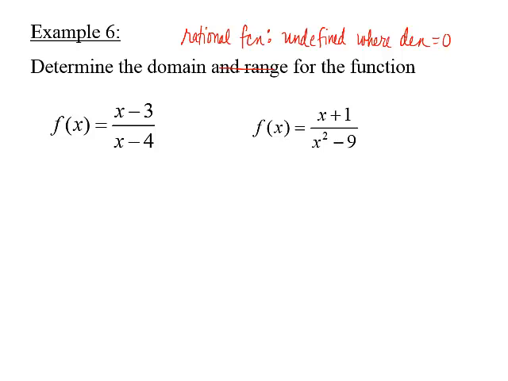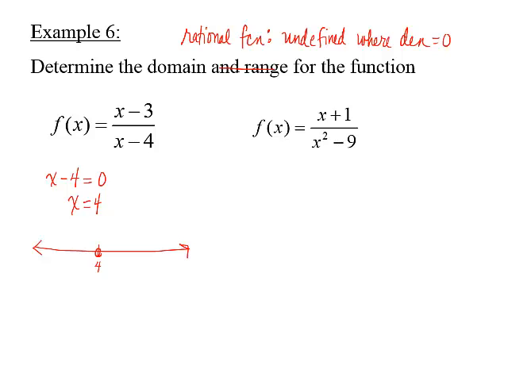To find the domain, then, we have to exclude any value that makes the denominator 0. This function is undefined when x minus 4 equals 0, or when x equals 4. So the domain is all the real numbers except for x equals 4.